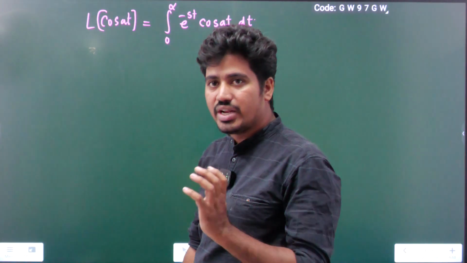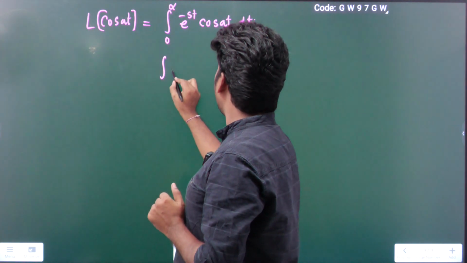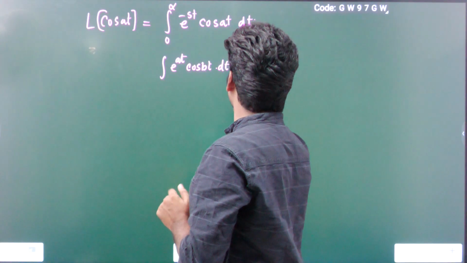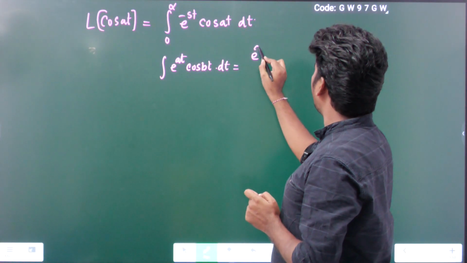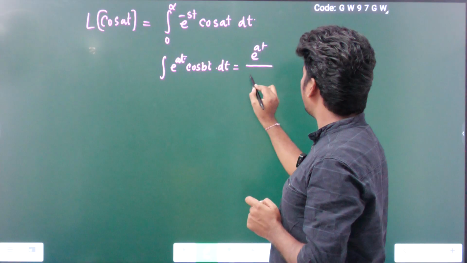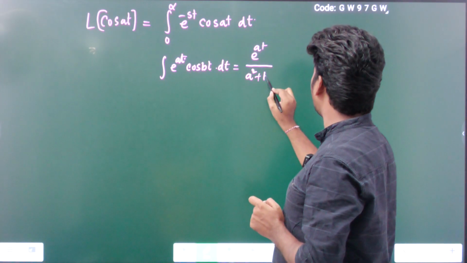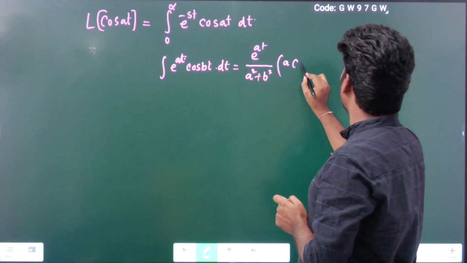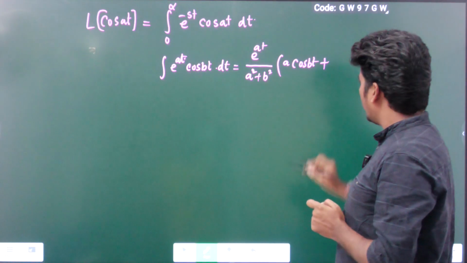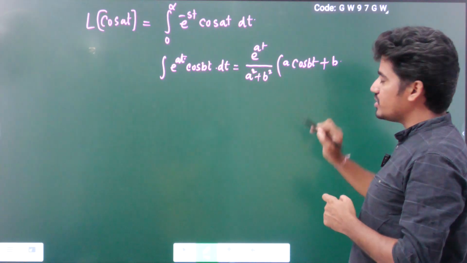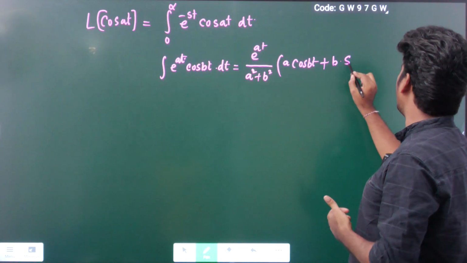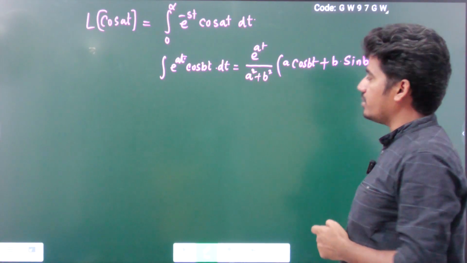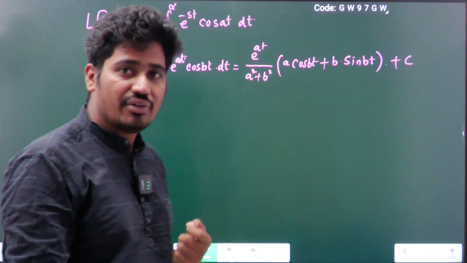We need an integration formula: the integral of e power at cos bt dt is e power at divided by a square plus b square, into a cos bt, plus b into sin bt, because integrating cos gives the positive sin value, plus c, the indefinite form of integration.